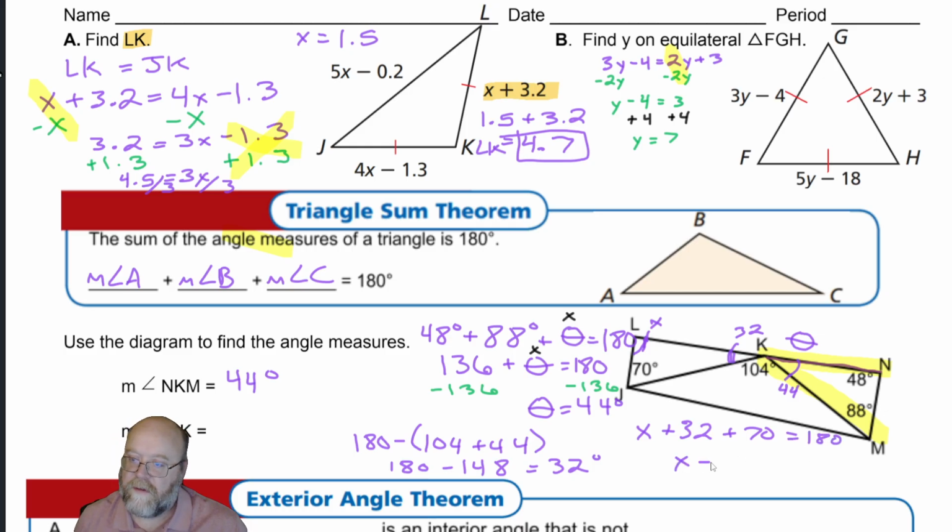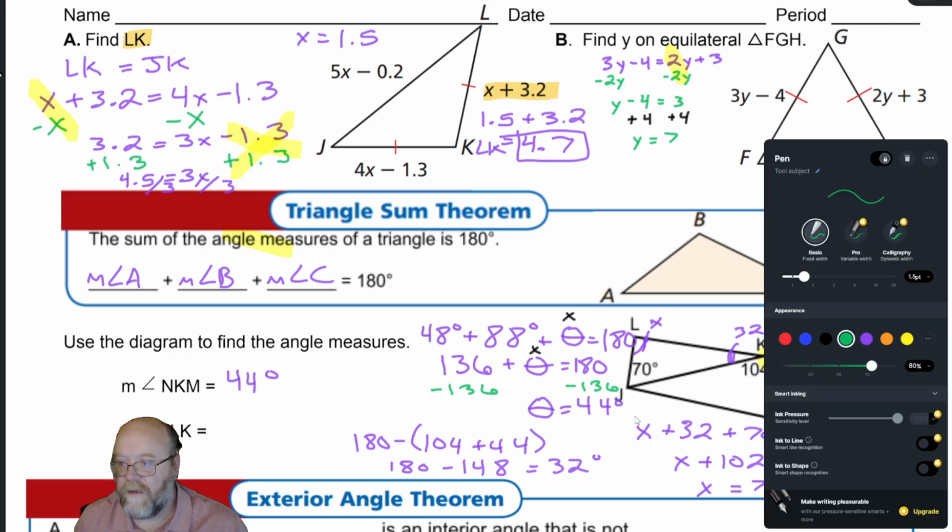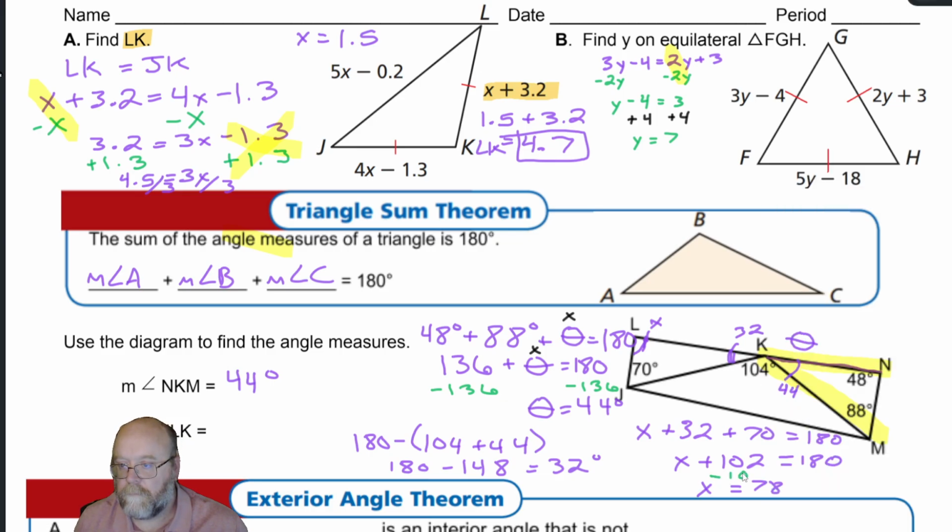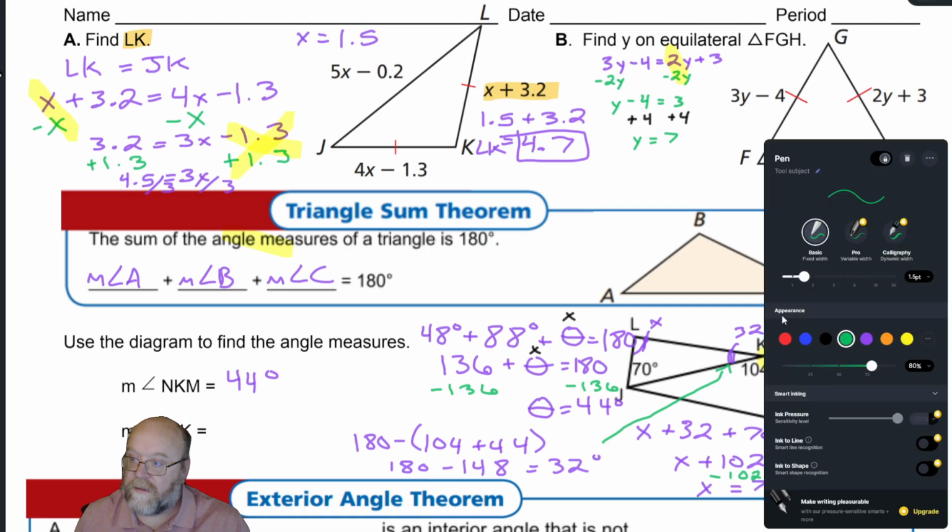Add those together and subtract the 102. You're going to get 78. Okay, 78's the answer.